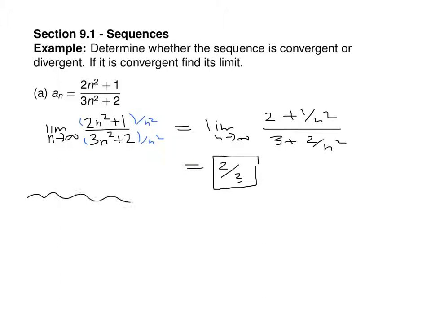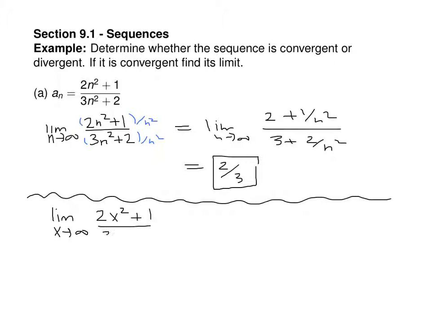Technically, if you choose to apply L'Hopital's rule, which you could because we have an infinity over infinity form, you do have to change that n to an x, because L'Hopital's rule applies to functions, and your functions are defined for x's within an interval, whereas this is just defined at the positive integers.